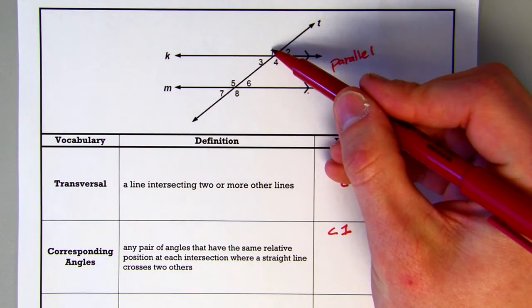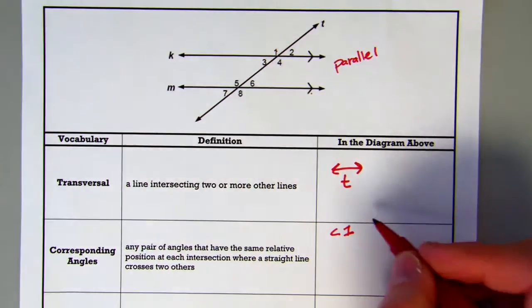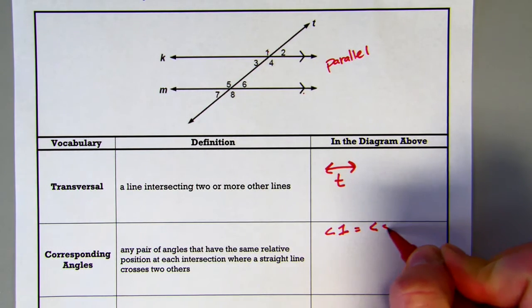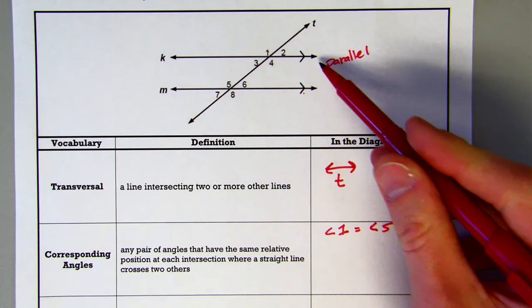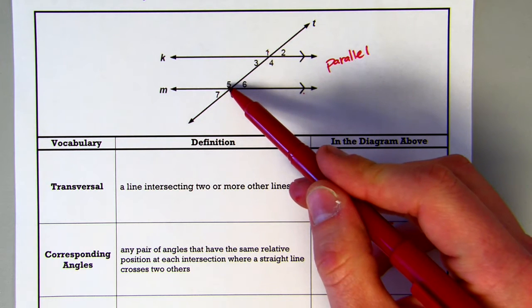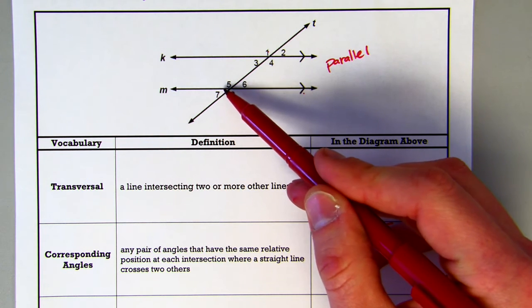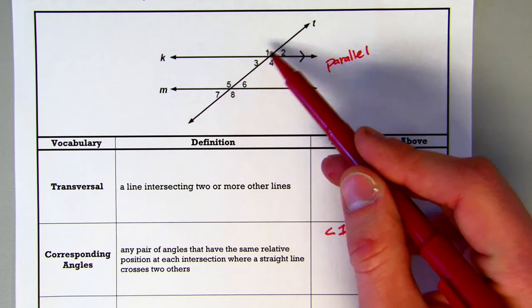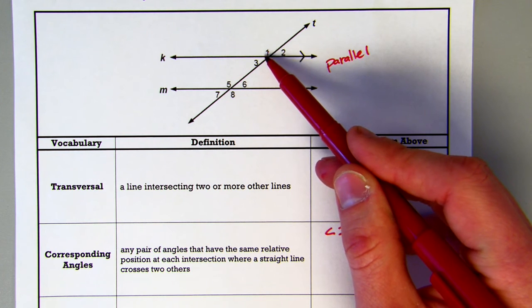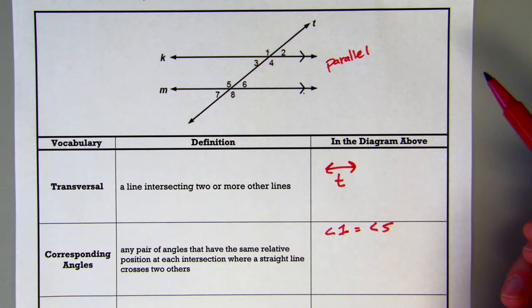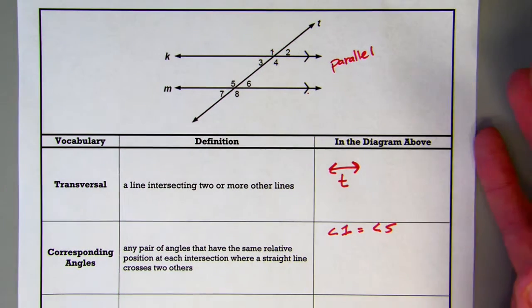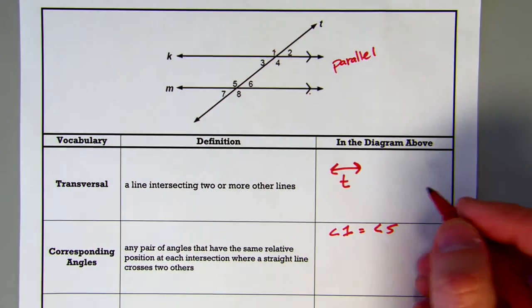That is a very similar position to our angle 5, which means they're going to equal each other, especially if the lines are parallel. You can notice how angle 5 is above line M, and also on the left-hand side of the transversal T, just like 1 is above K and on the left-hand side. So they are corresponding. They have relatively the same position. So 1 and 5 are equal.